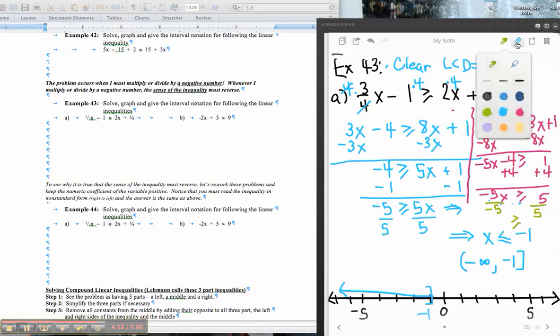So rather than a greater than or equal to like that, I'm going to make that a less than or equal to like that, and now I have x is less than or equal to a negative 1, and that negative 1 again is because I divided by a negative, and so that division by a negative flipped that inequality, and you see it's the exact same answer.